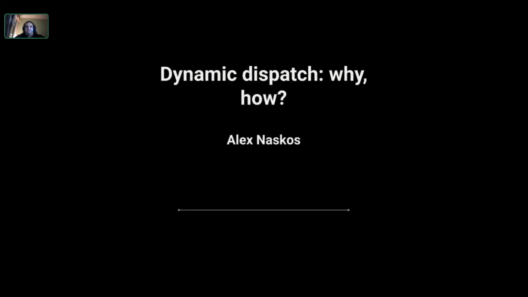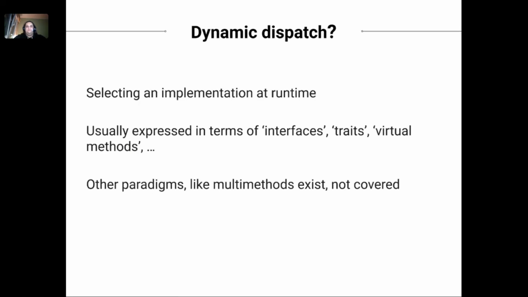Please continue. Cool. So today I want to talk about dynamic dispatch or runtime polymorphism. And let's start off. What do we mean exactly by dynamic dispatch? There are a variety of methods that it can refer to, but basically the core is that we are selecting or dispatching a function implementation at runtime instead of doing it statically at compile time or at link time.